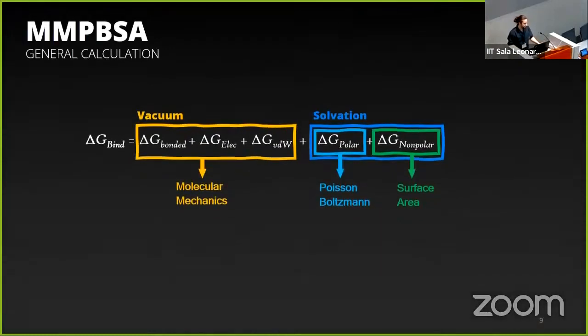So we have a vacuum term, like I said, which we can get through molecular mechanics. I'll show you the equations in a bit. And the solvation term, which comprises a polar and a non-polar term. The polar term we can get by using a continuum electrostatics method to solve the Poisson-Boltzmann equation, and the non-polar part we can get using a surface area model.